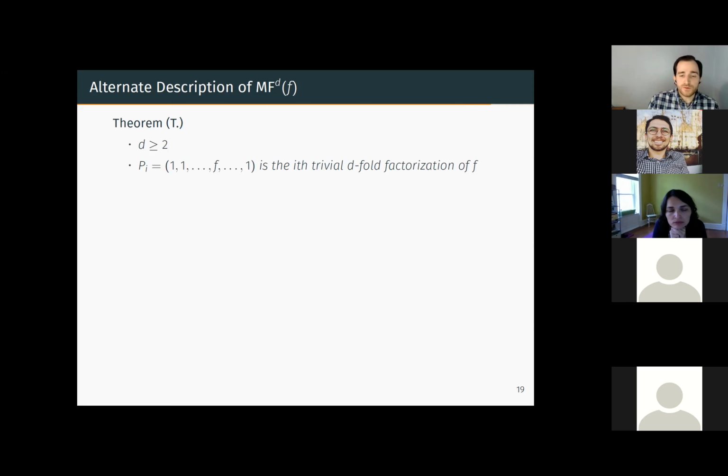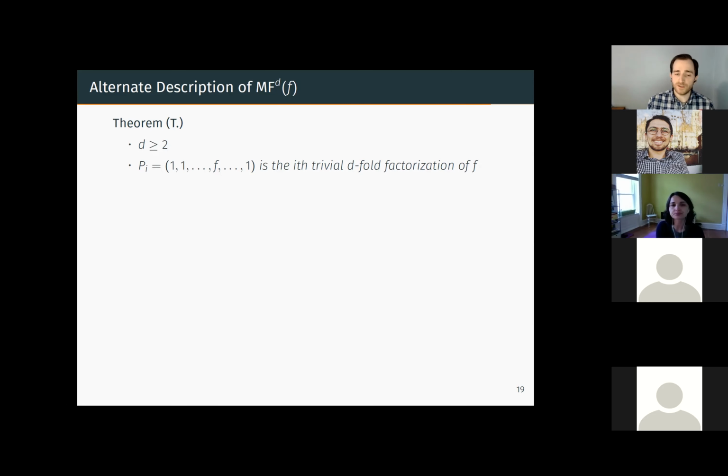So I mentioned that the trivial factorizations were going to be important, and this is sort of what I meant by it. If D is bigger than 2 again, we're going to let P_i be the ith trivial D-fold factorization. So these are D-tuples. Right now they're 1 by 1, just with elements in the ring. The ith trivial one is going to be multiplication by f in the ith spot, and then 1s everywhere else.